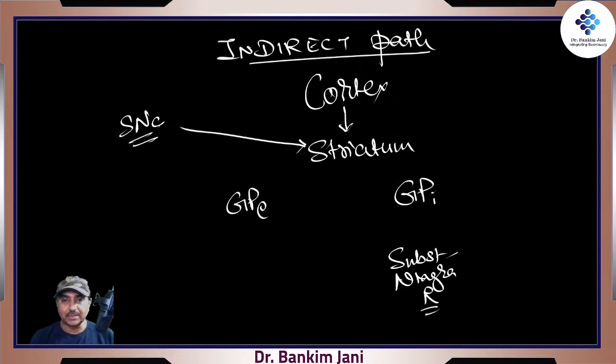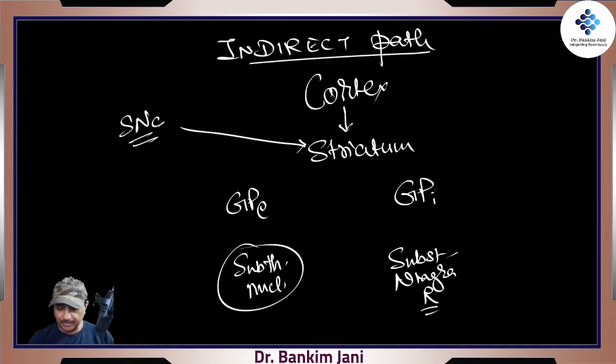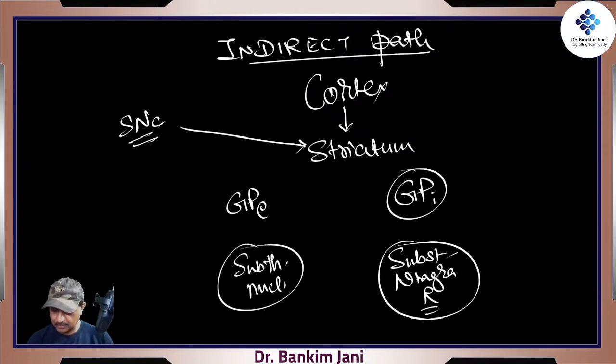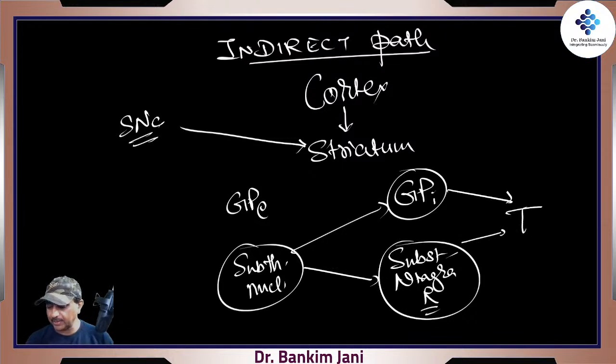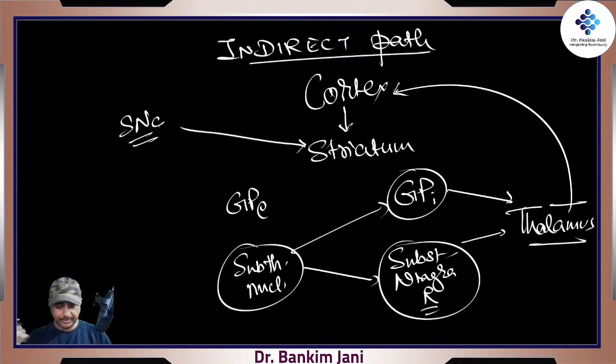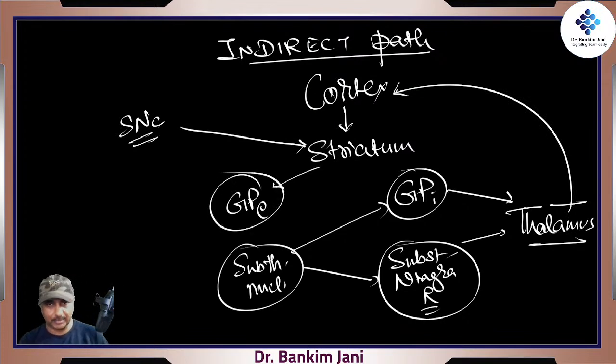This GP externus brings one more character, and that is the subthalamic nucleus. This subthalamic nucleus acts on substantia nigra and GPI. They both act on the thalamus, and the thalamus on the cortex.